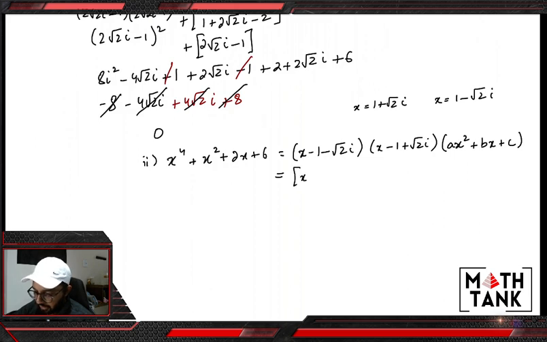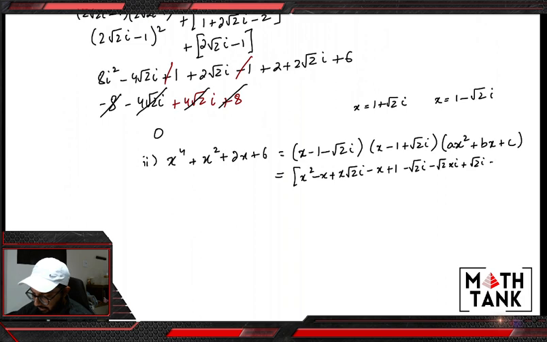Now it's important to expand these first. This becomes x squared minus x minus plus x root 2i, and then minus x plus 1 minus root 2i, and then multiplying with root 2i, so root 2xi plus root 2i.